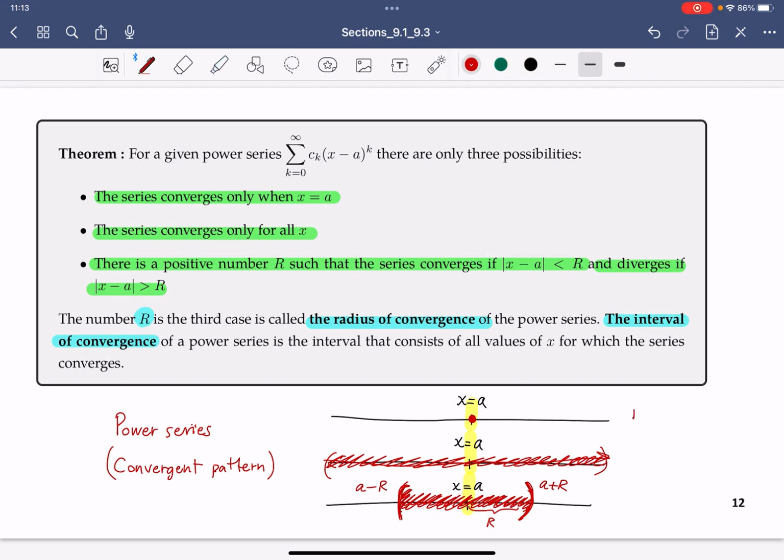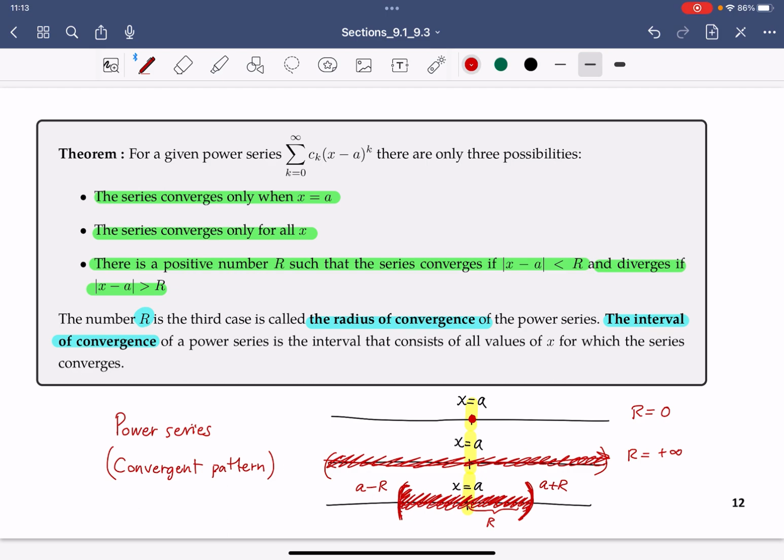So in this case, r equals 0, because you can have no radius here, so the series converges only when x equals a. This case is r equals infinity, so the radius is infinity. It converges everywhere on the real line.